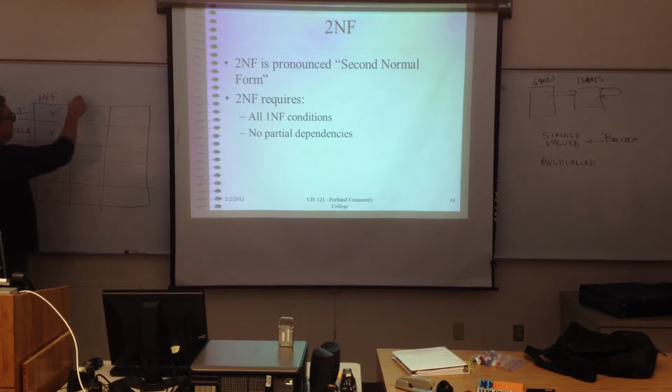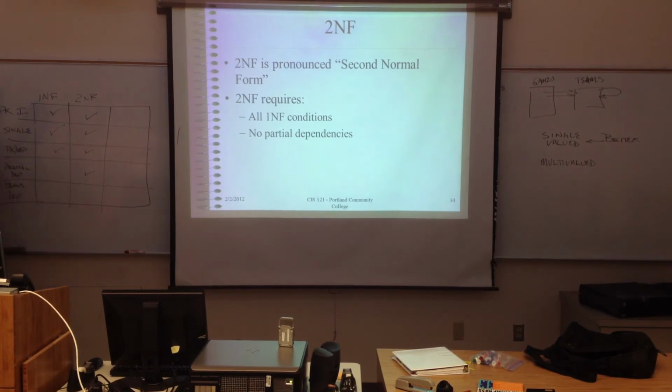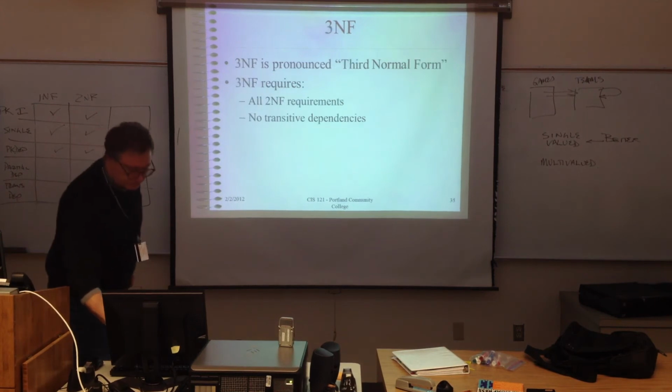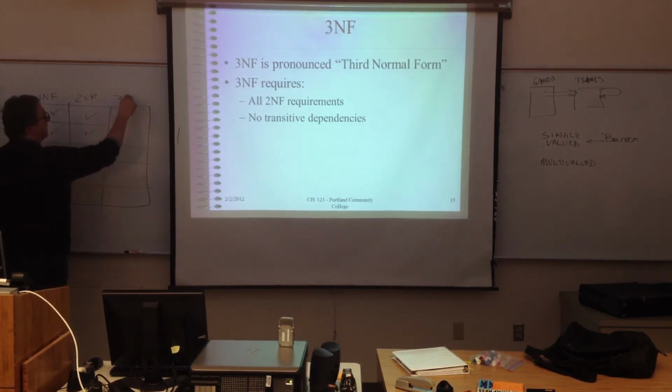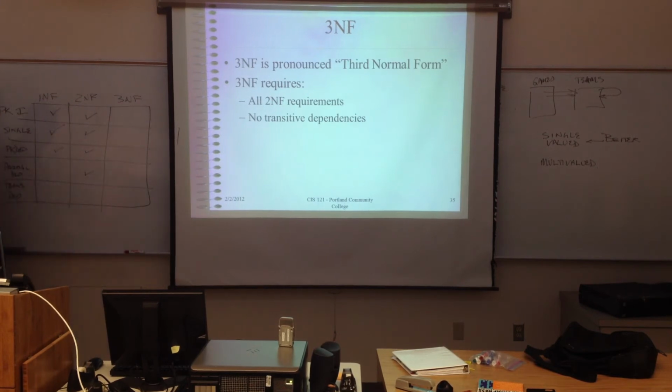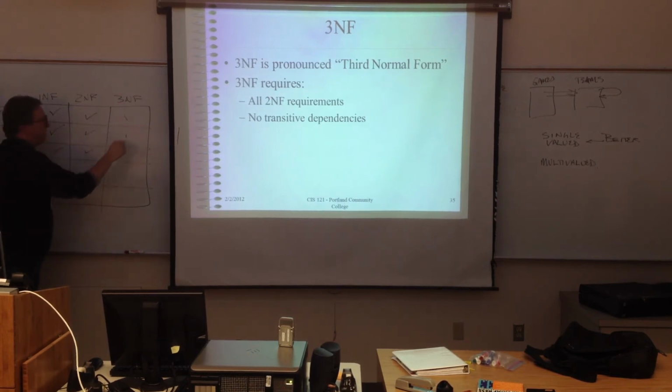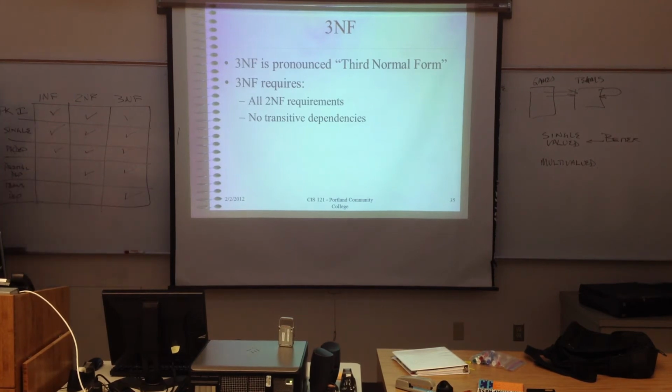But to get to second normal form, I have to have these three, plus I have to have eliminated all my partial dependencies. To get to third normal form, the nirvana, the holy grail of this class, I have to have all of these qualities. Okay?